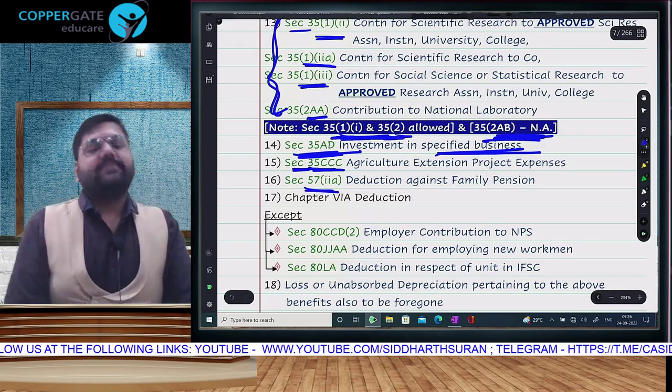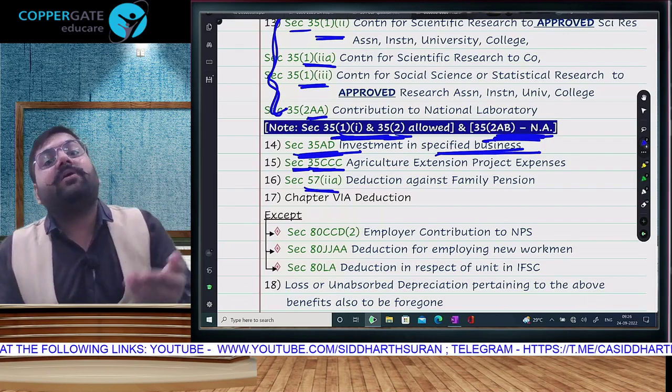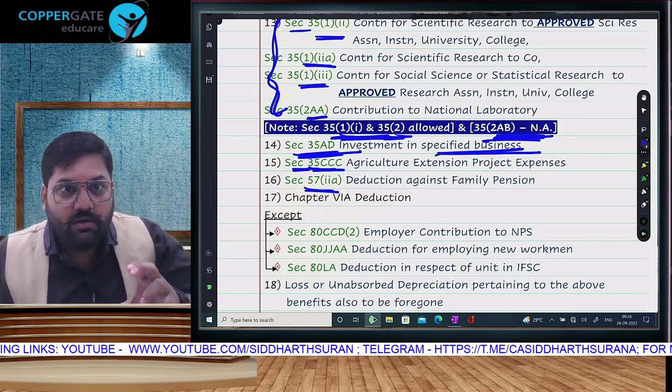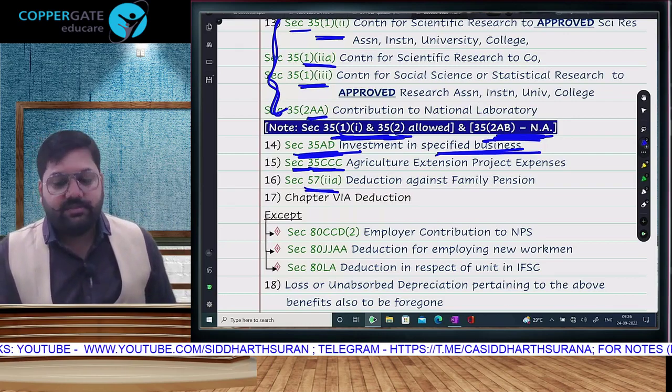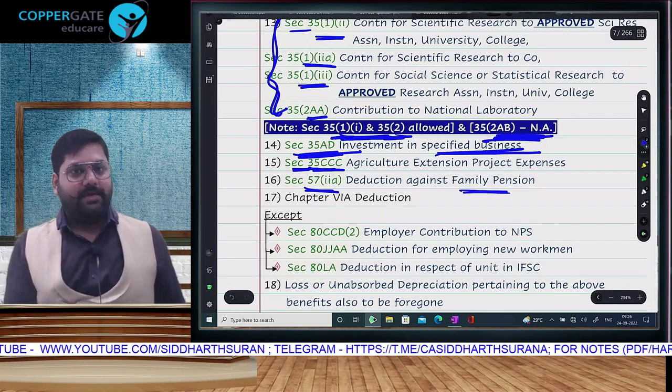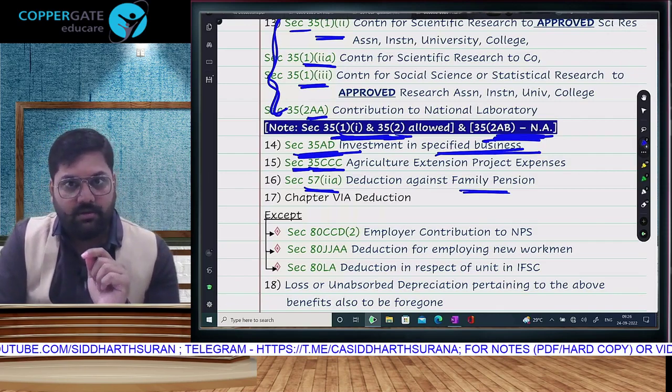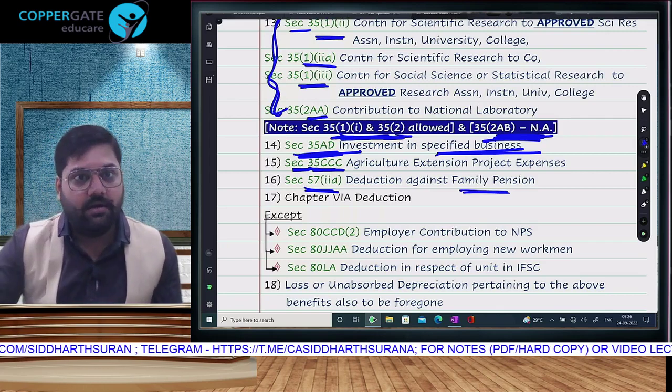Then there is section 57 in the income from other sources chapter. So till now PGBP was going on. Now we have entered IFOS. Whenever you get something called family pension, look, when an employee retires, you get pension. That is taxable under the salary head. Correct?